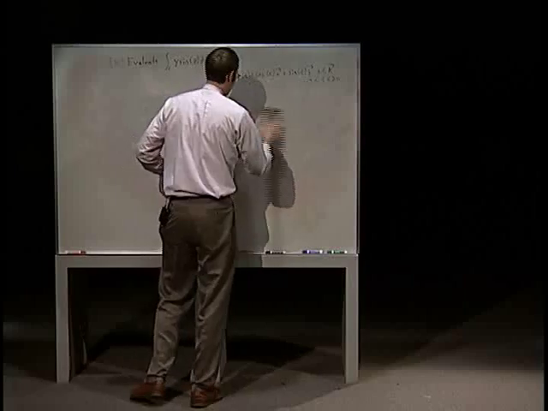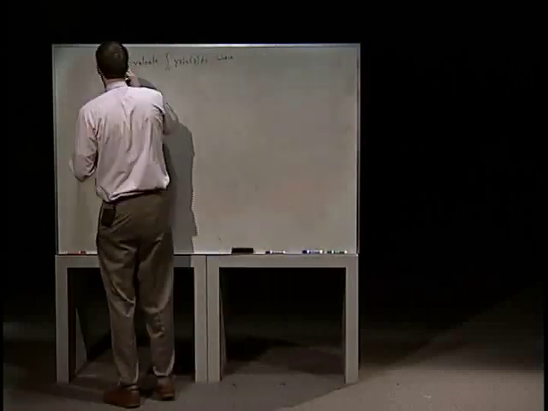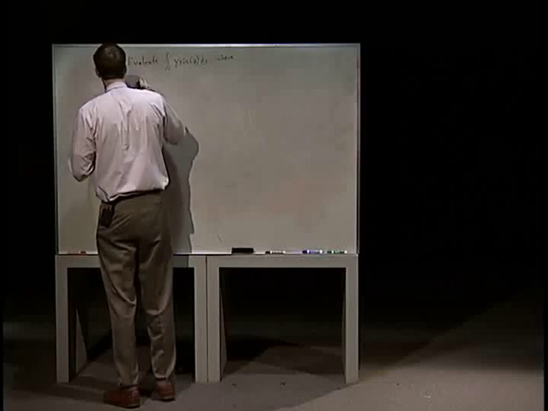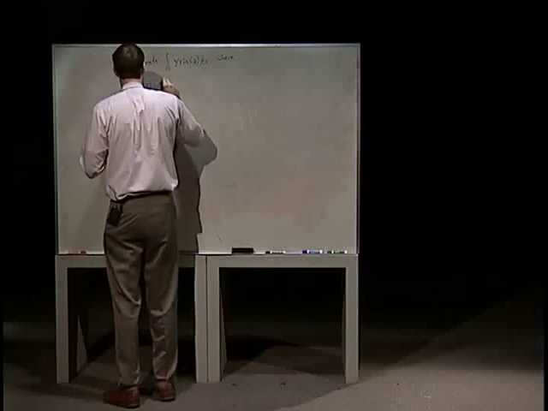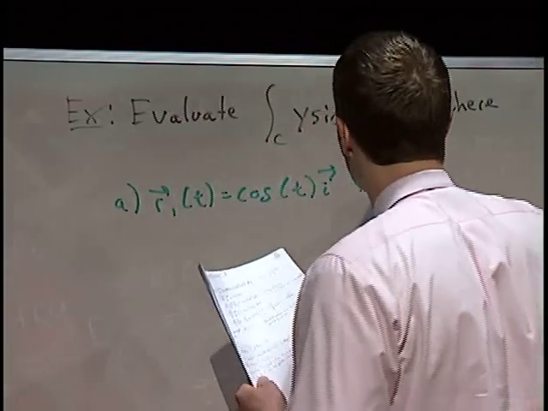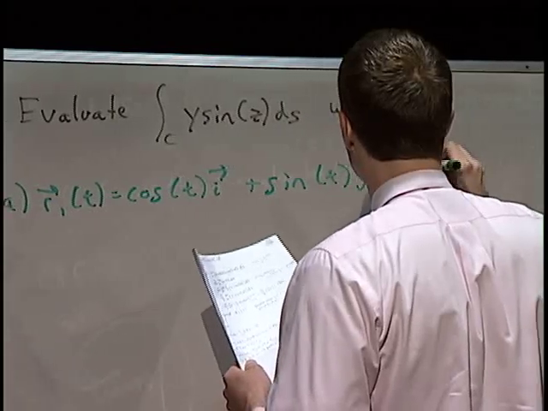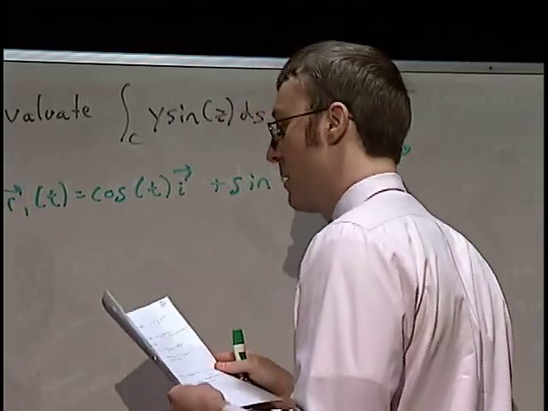We know what our regions look like now. Let's do the integration. So on the first one, I'll put R1 back up here. It was cosine t plus sine t plus tk.